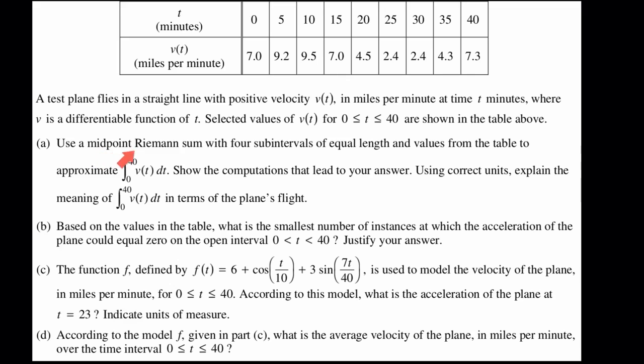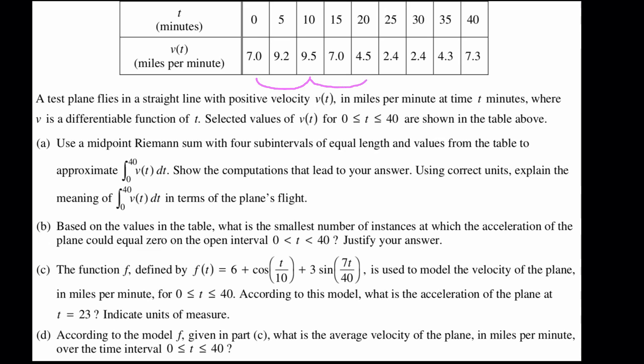It says use a midpoint Riemann sum with 4 subintervals of equal length and values from the table to approximate this.